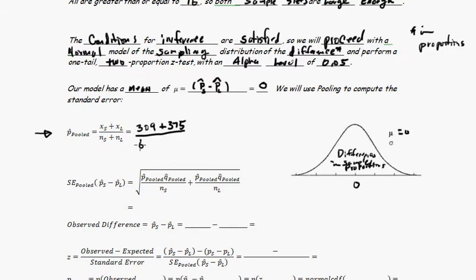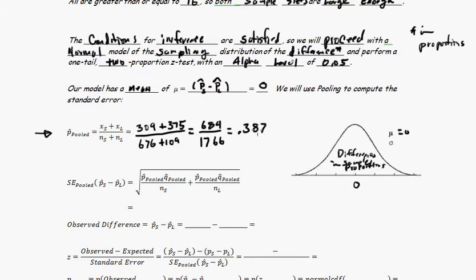I think that was 676 plus 1090. Okay, so we're just combining those. That's what pooling means. And so far we're not comparing yet the sample statistic to the hypothesized or theoretical numbers. So we get 0.387 when we pool it together.